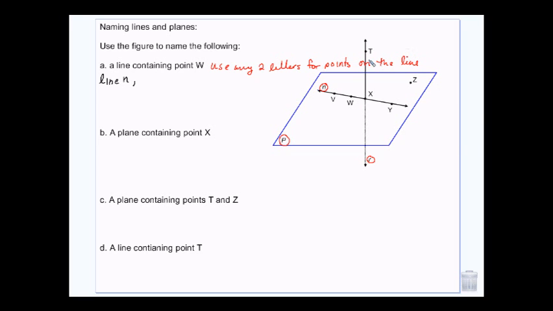Now, the reason we have to use 2 letters is because it takes a minimum of 2 points to define a line. So we have to use at least 2 letters, or exactly 2 letters, to name lines.